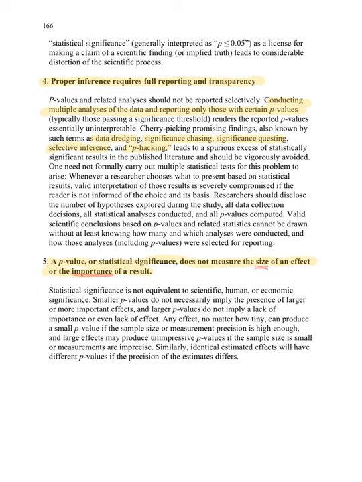So it's not the size of the effect, and it does not measure the importance of that result. Any effect, no matter how tiny, can produce a small p-value if the sample size or measurement precision is high enough, and large effects may produce unimpressive p-values if the sample size is small.